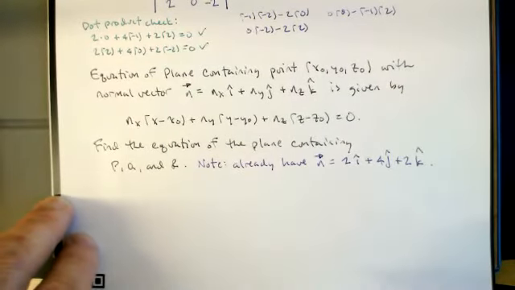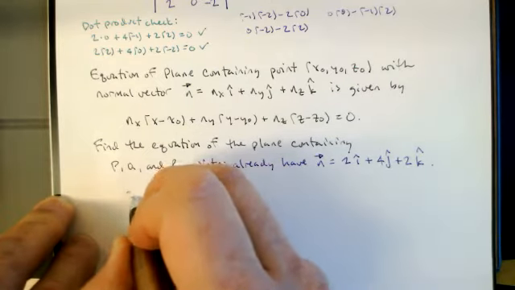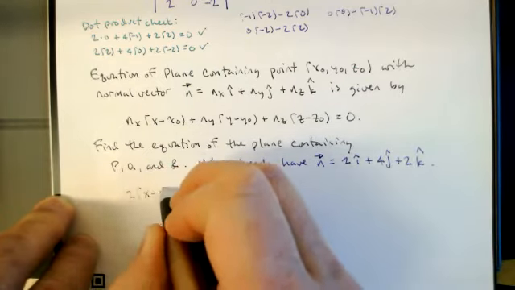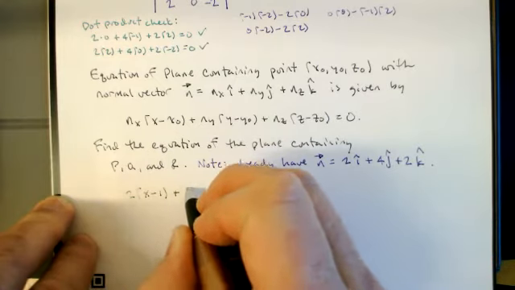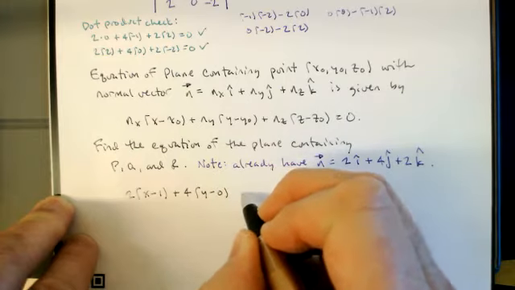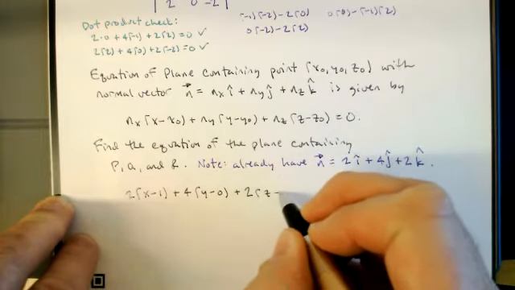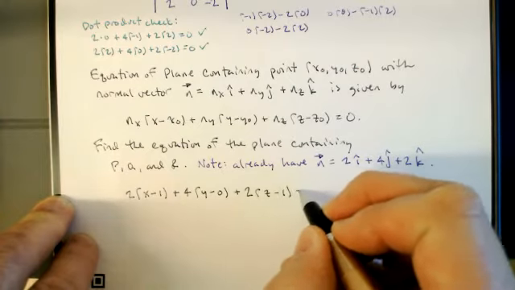The point P is 1, 0, 1. So I'll take nx, 2, times x minus x naught, plus ny times y minus y naught, plus nz times z minus z naught.